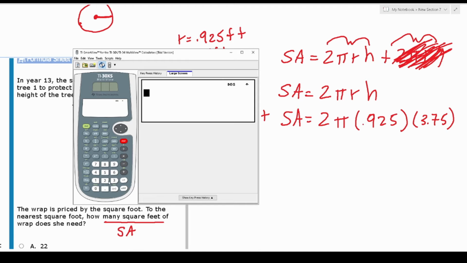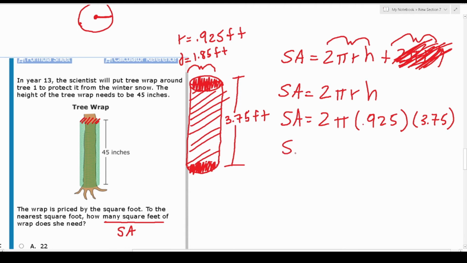We have 2 times pi times 0.925 times 3.75, and we can see that that is 21.794. So this is surface area equals 21.794.